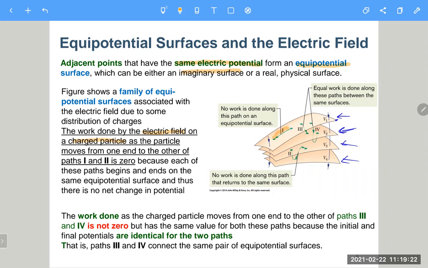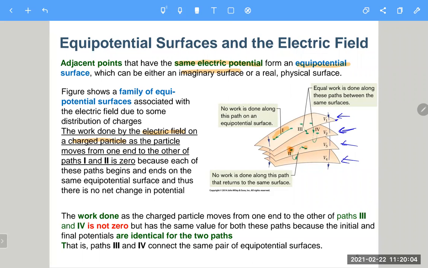For path 2, the starting point and the end point are also on V3, but the path along the way is not exactly on the V3 surface. However, the potential change from the starting point to the end point is still zero, which means that it only depends on the starting point and the end point. The path itself is not related to the potential change.